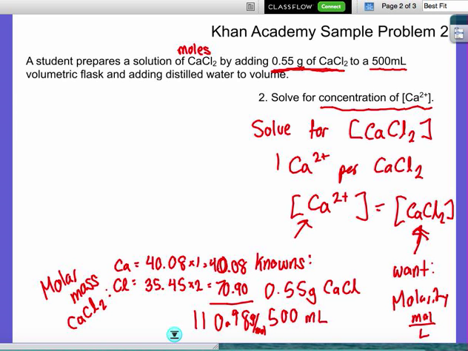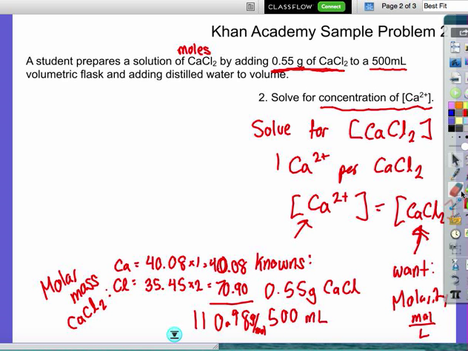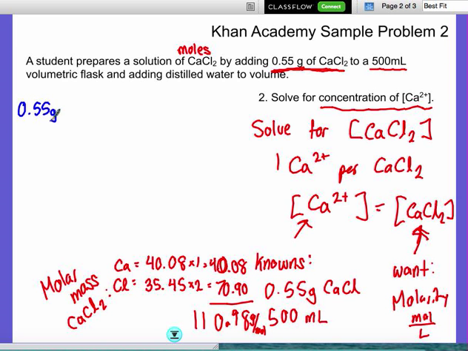We know that we had 0.55 grams of CaCl2. So let's go ahead and convert that to moles of Ca2+, because that's what we're going to need to know. So we set up a dimensional analysis problem.